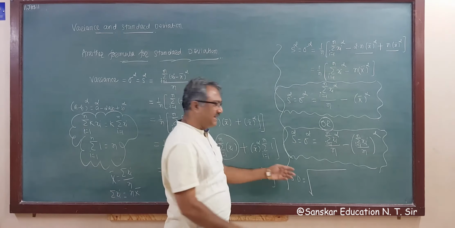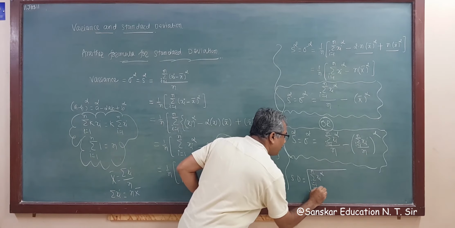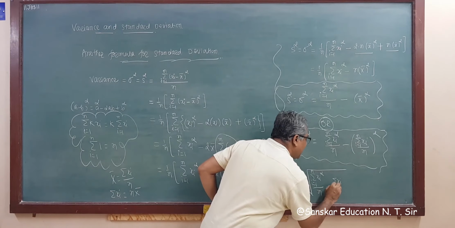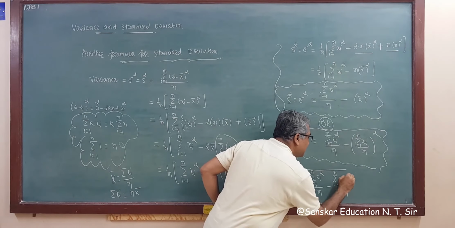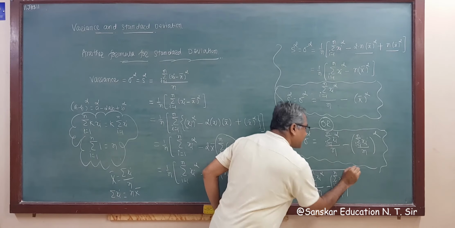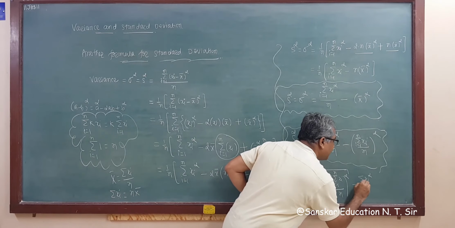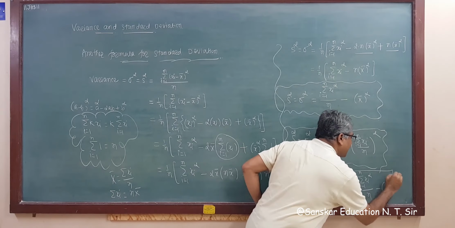That is the positive square root of sigma xi square upon n minus sigma xi upon n whole square, with i running from 1 to n, or sigma xi square upon n minus x bar whole square, in square root.